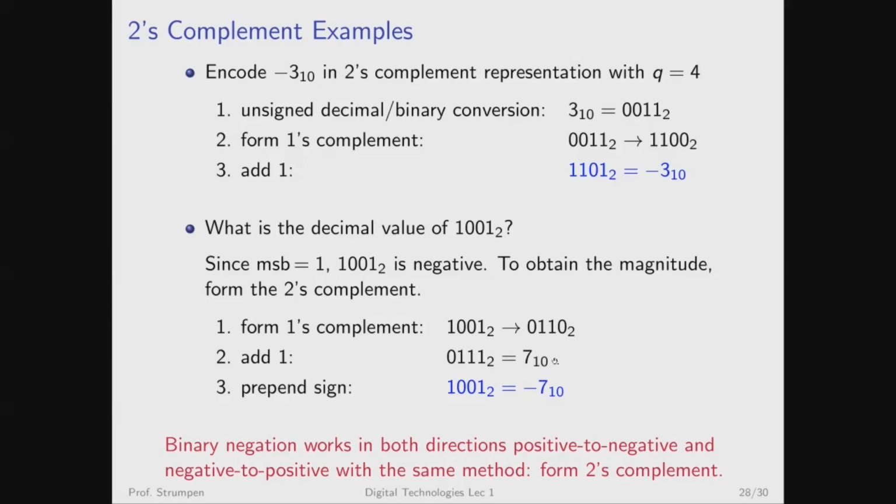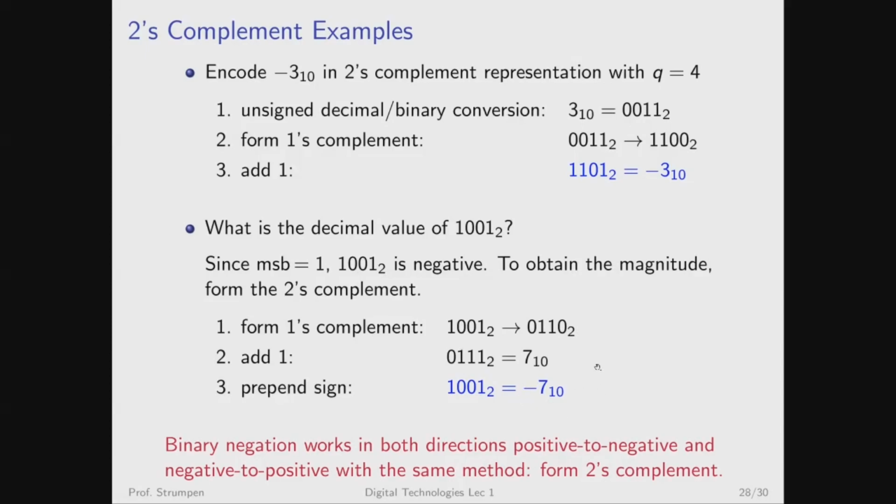Add 1, and you get number 1 plus 2 plus 4 is 7 decimal. And you conclude that the decimal value of signed 4-bit binary number 1001 is -7.